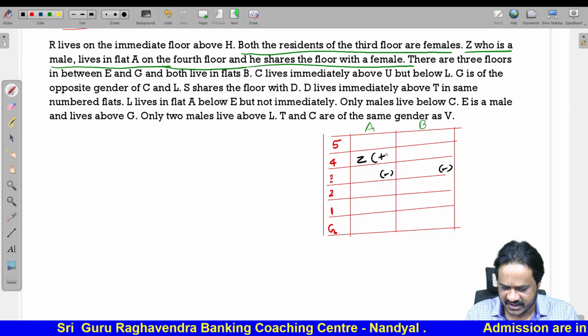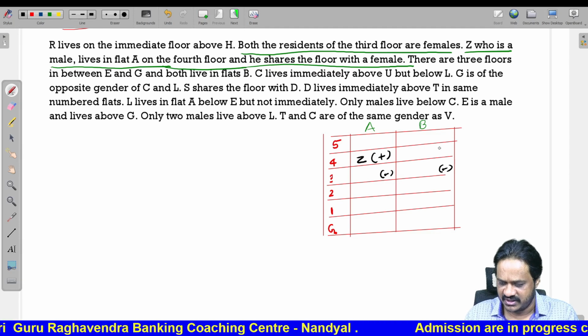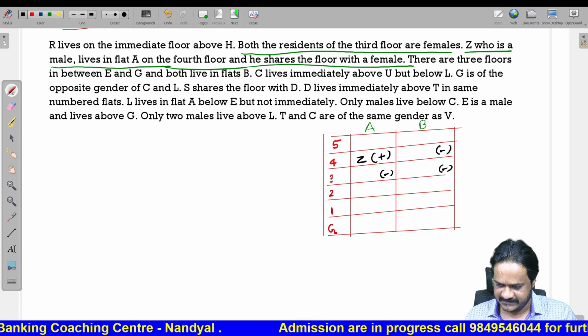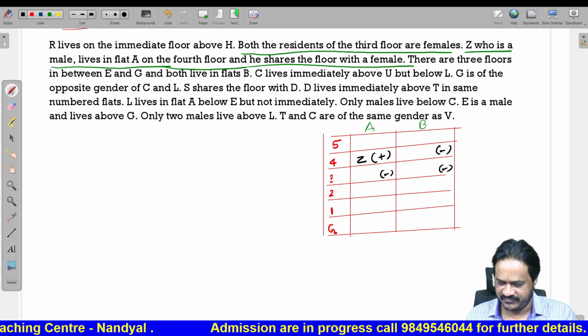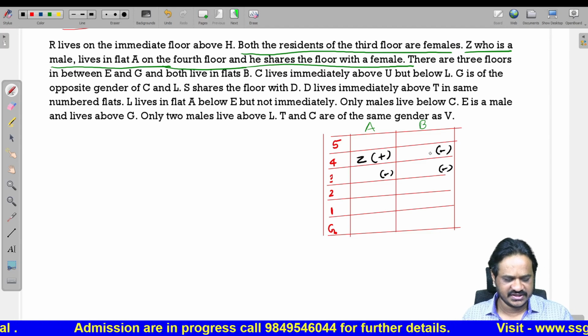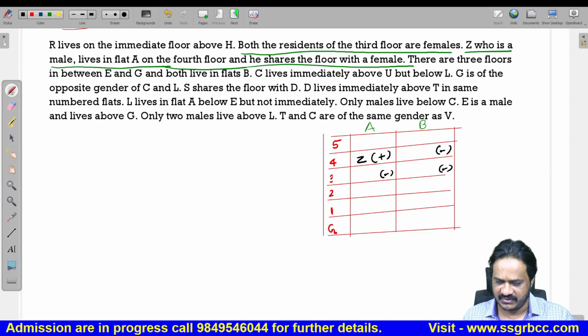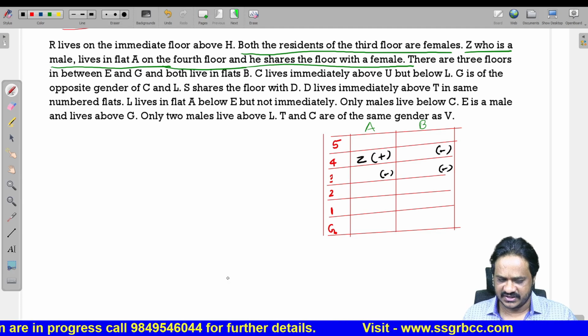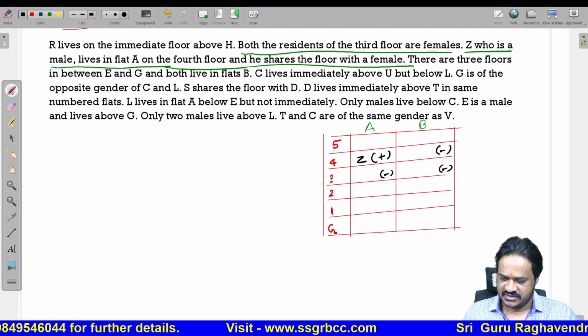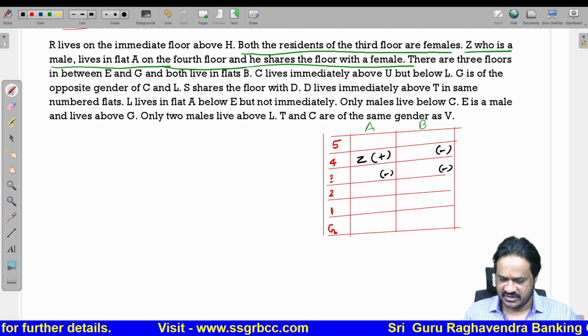This is flat A, 4th floor, and he is a male member. He will share the floor with the female member. That is about Z.